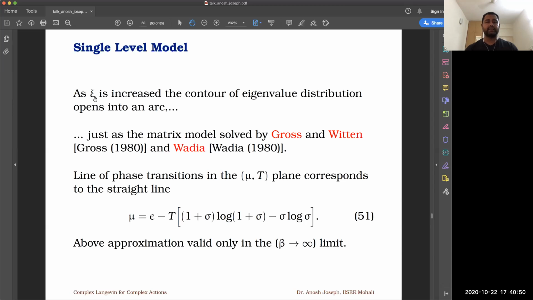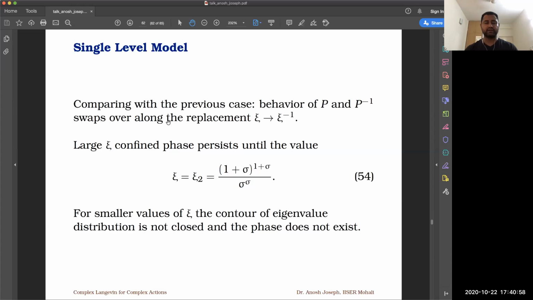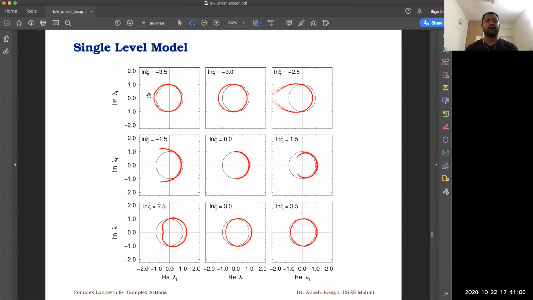Then as psi, the parameter, is increased, the contour of the eigenvalue distribution opens into an arc. So let me show some simulation figures. It starts with a closed distribution. And as we increase psi, it deviates away from the circular shape, and then it opens up.